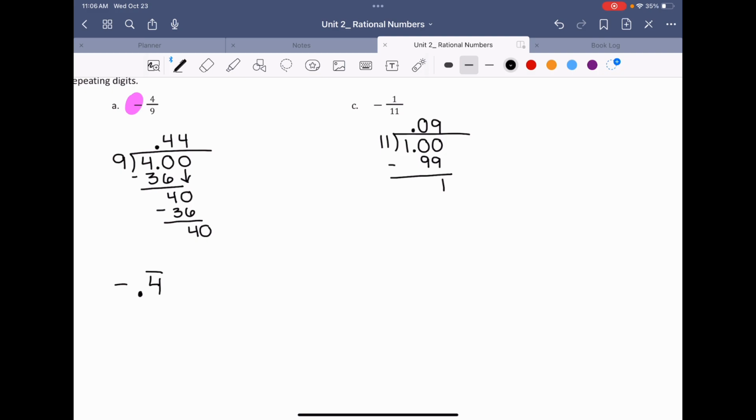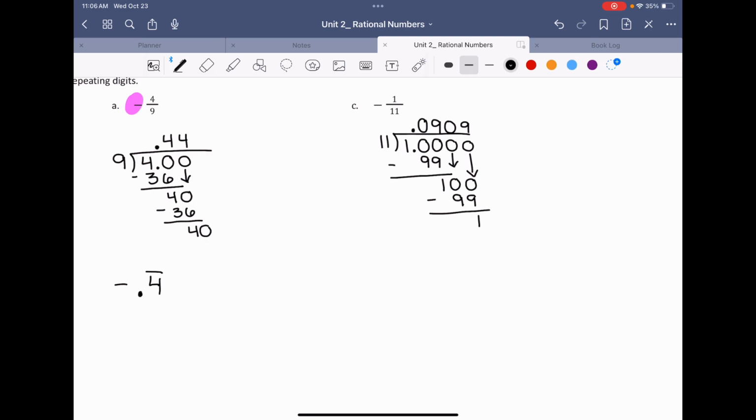But be careful here. I'm going to add a 0, bring it down. 11 does not go into 10, so I have to add another 0 before I can subtract. 11 goes into 100 9 times. 9 times 11 is 99. I still have 1 left over.